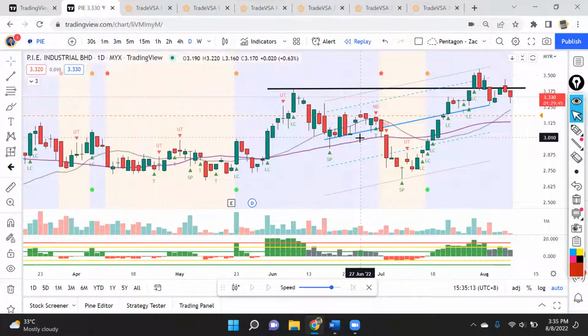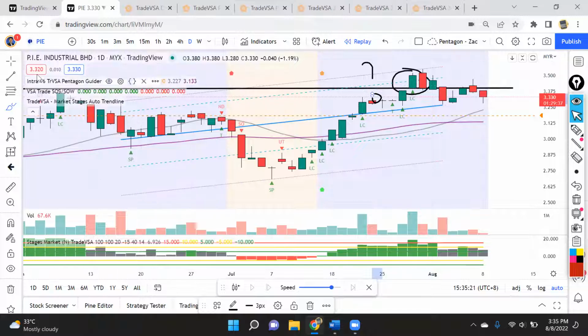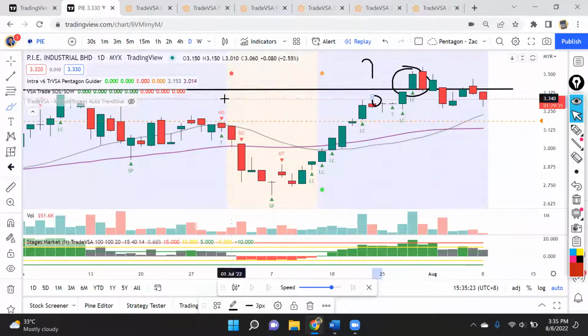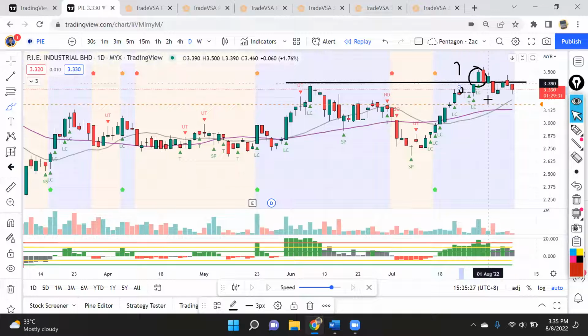Now anyone want to share with me why this line change failed? Let me remove the trend line so we can see better. Anyone want to share why this line change failed to hold? Nigel, you want to try?